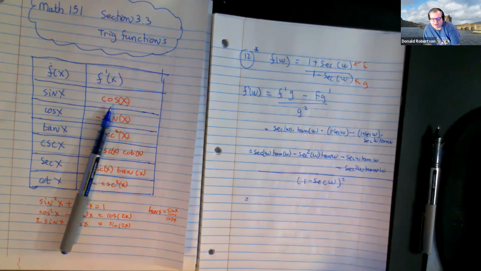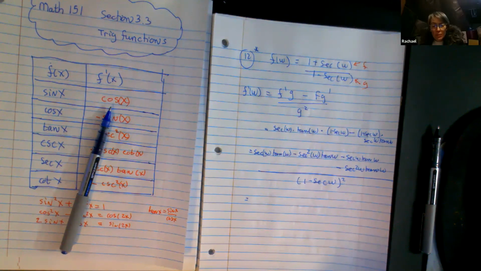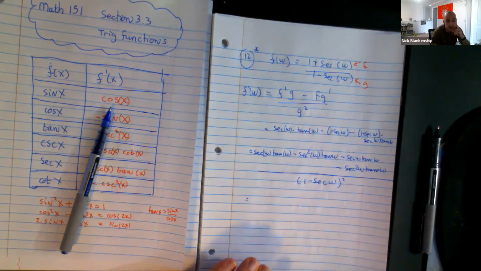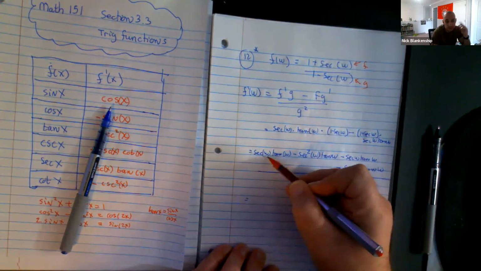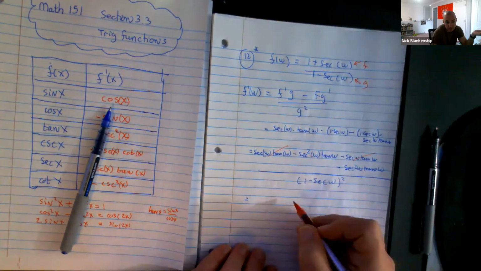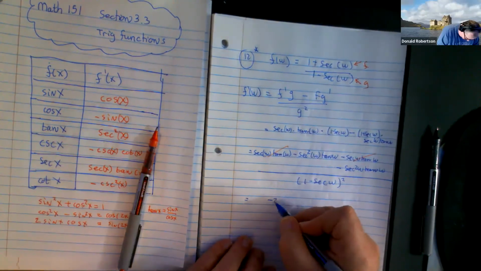Do any of those combine nicely? Okay, I'll phrase it a different way. They do combine nicely. Tell me what they combine to then. The secant times tans cancel out, and the secant squared times tan terms give negative 2 secant squared tan. That's it.